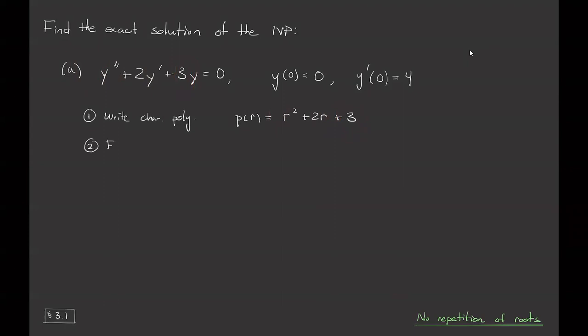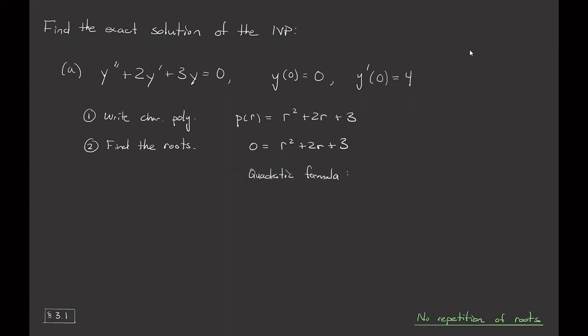Next, we'll find the roots. So we want 0 to be equal to R squared plus 2R plus 3. Right now, we shouldn't be able to factor this nicely over real numbers. So we'll definitely need the quadratic formula. I feel silly that in the last one I didn't see that it factored right away. Silly me.